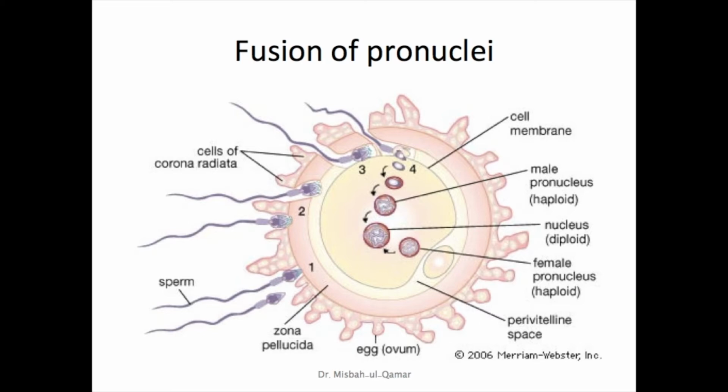The changes which take place in the oocyte include the completion of the second meiotic division and the formation of the female pronucleus. Next, fusion takes place with the male pronucleus to complete the fertilization.